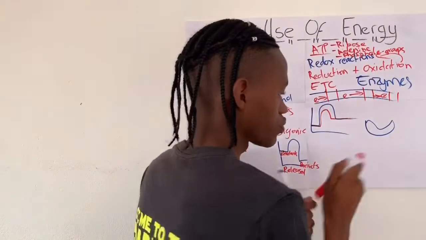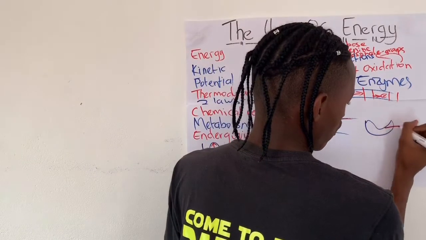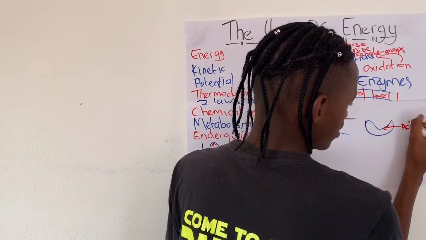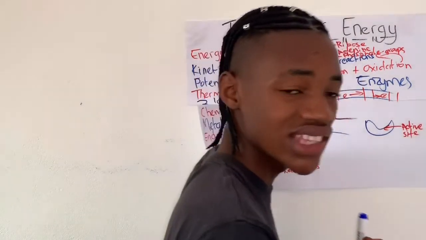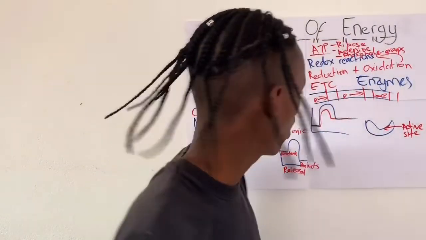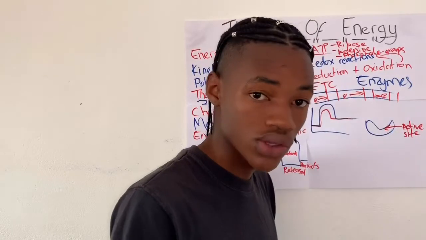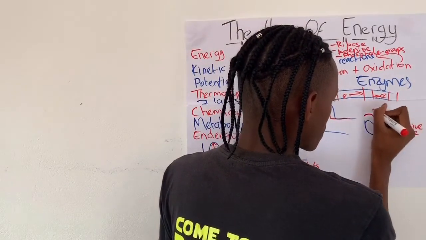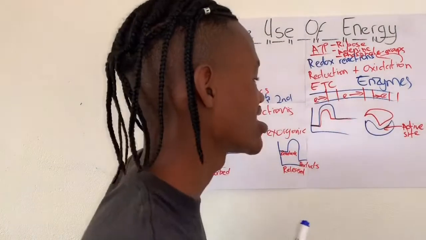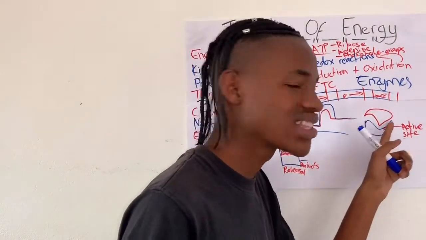So this thing over here is called the active site, right? And your substrate, which is also called the reactant, is going to come together with the exact same shape as the active site.